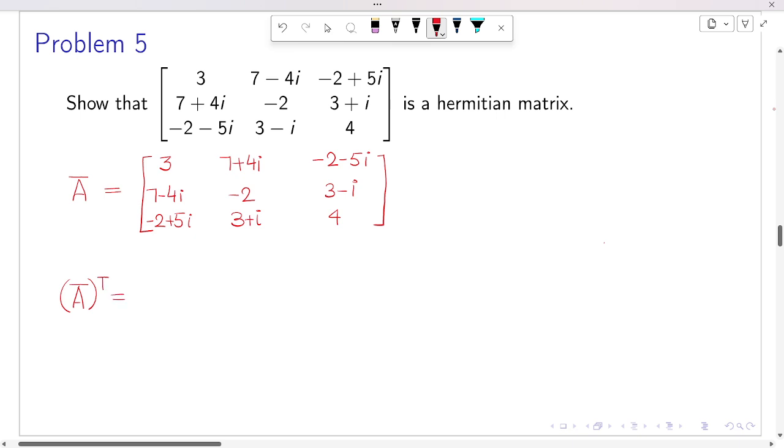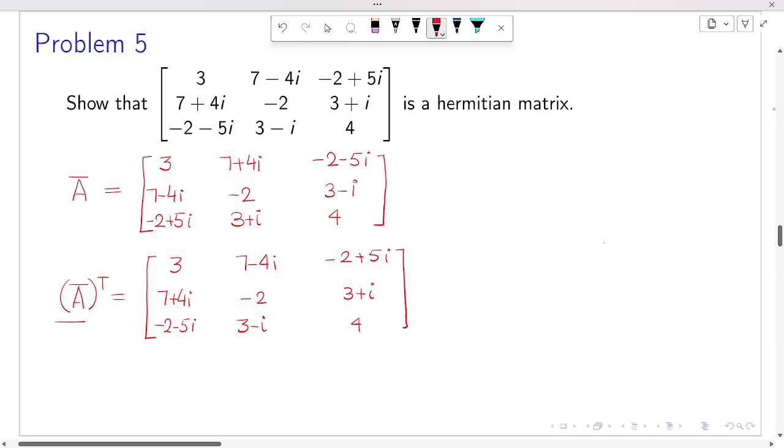After transposing, we get 3, 7, 4 plus iota, minus 2 minus 5 iota, 7 minus 4 iota, minus 2, 3 minus iota, minus 2 plus 5 iota, 3 plus iota, and 4.